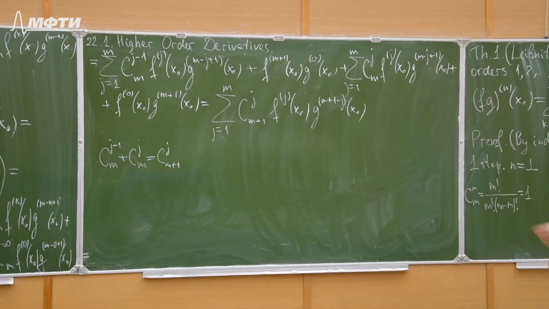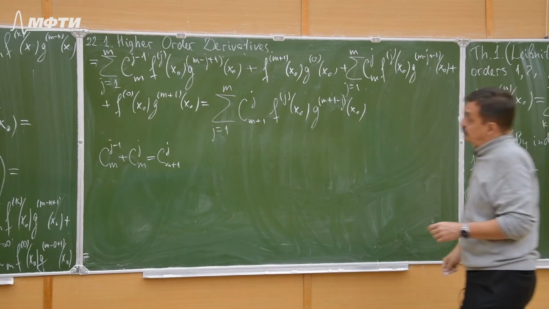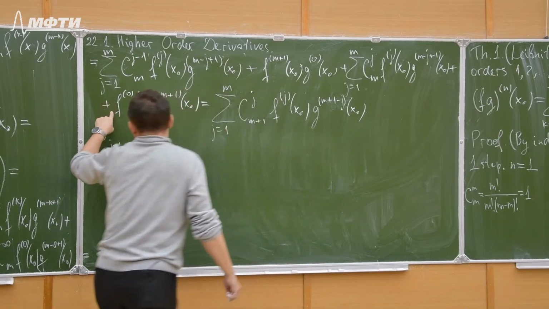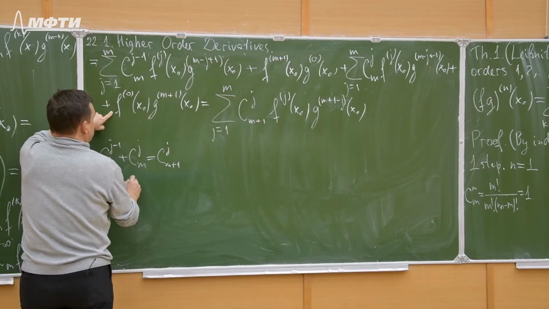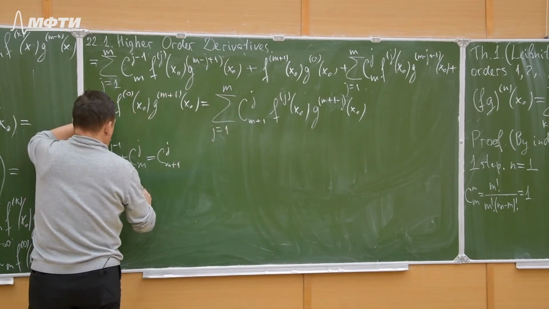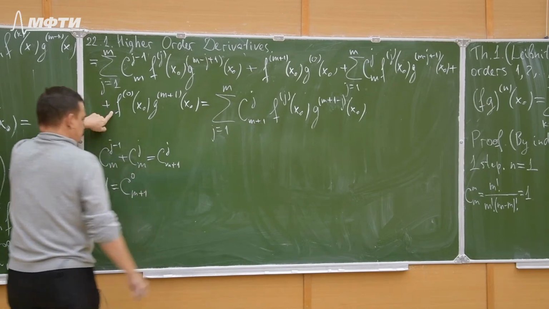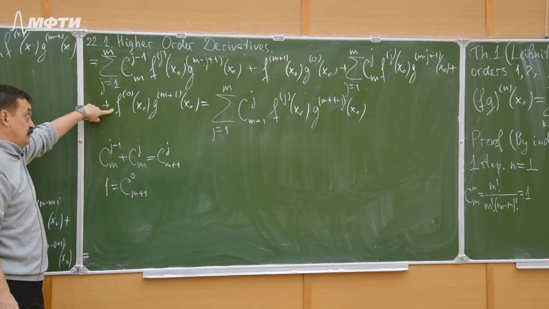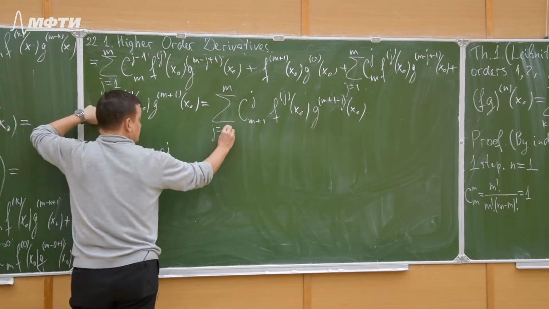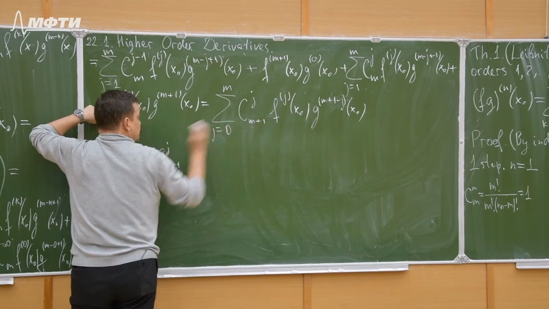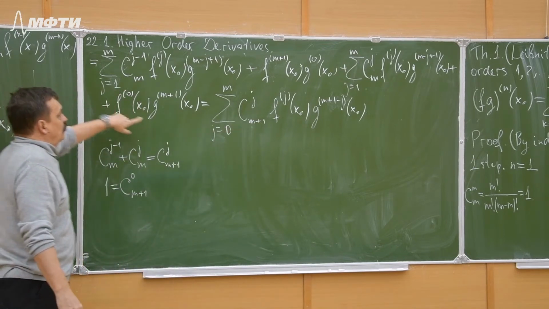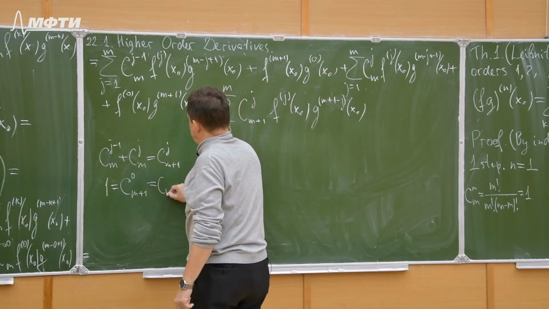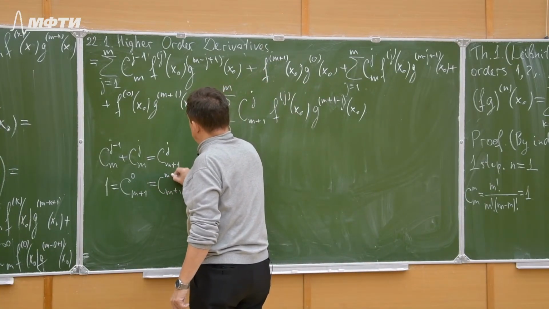But then what we can also observe, look, the very last term, here we have 1, but 1 equals C(m+1,0). So it means the very last term is nothing else but the term with j equals to 0 here. And the second term, analogously, 1 equals C(m+1,m+1).